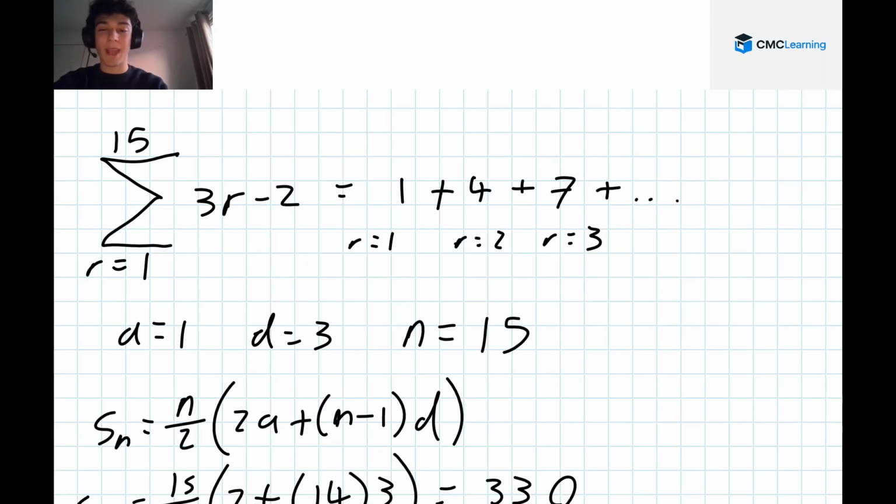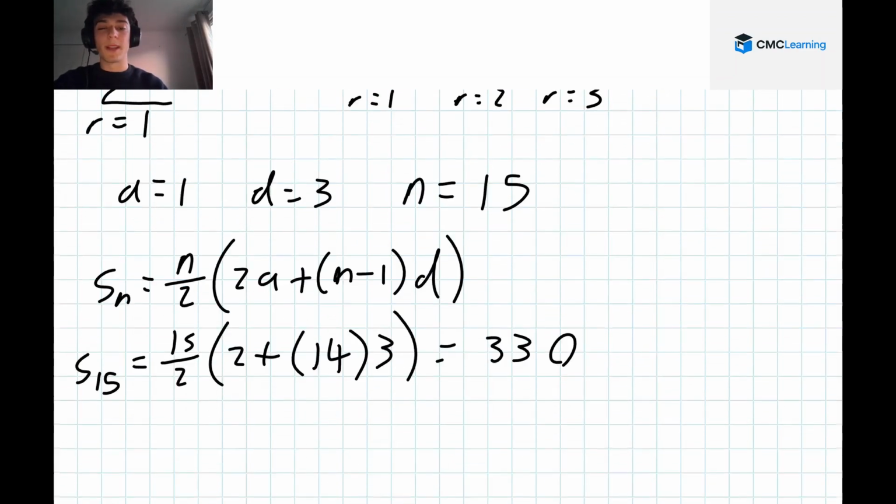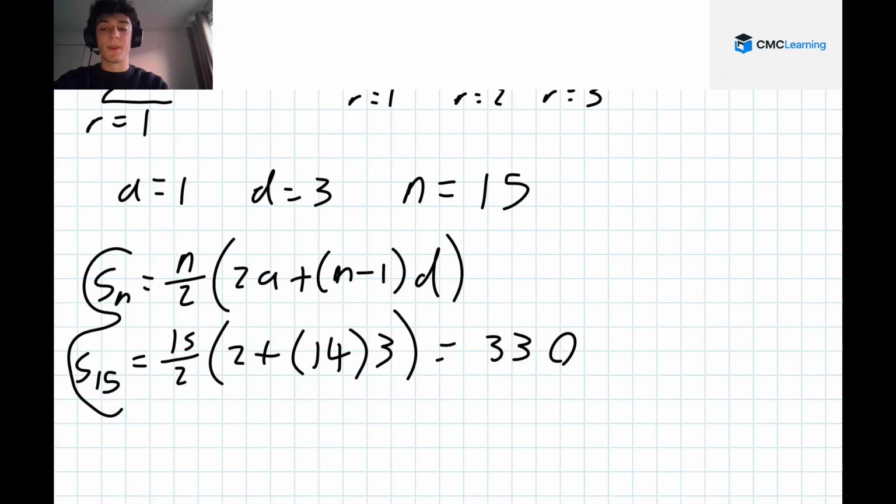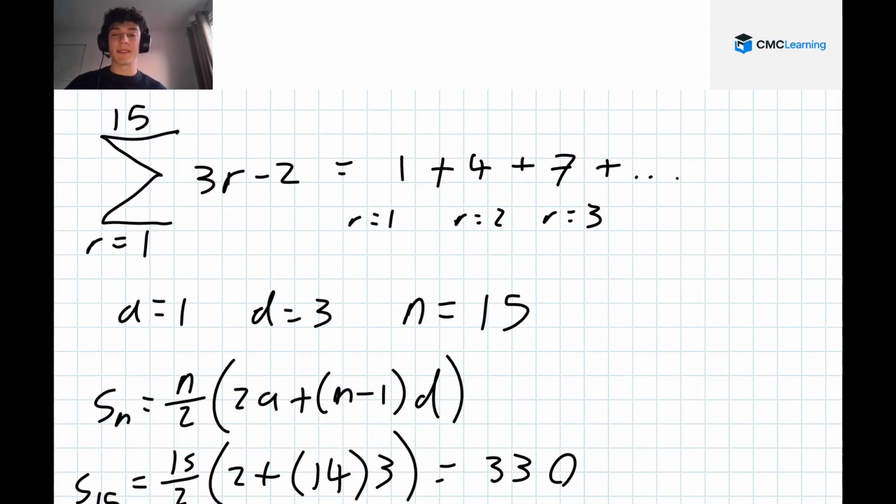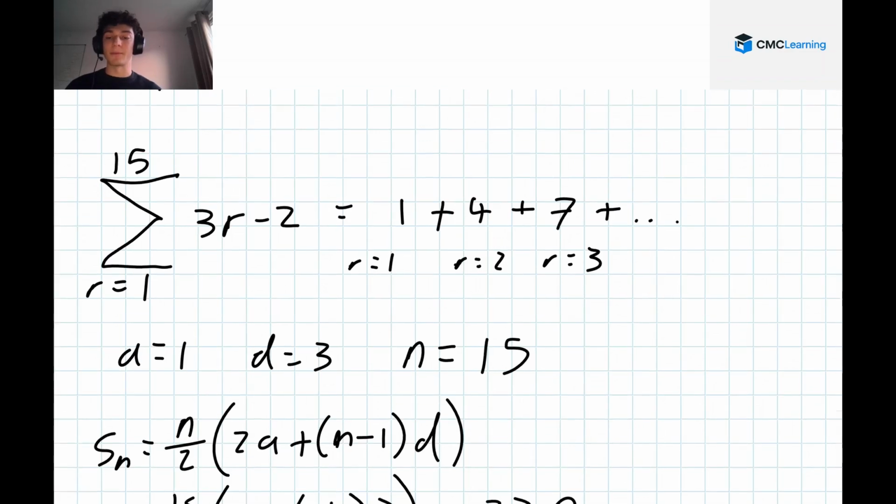We can see that when we have a linear term of r, so 3 multiplied by r minus 2, we end up with an arithmetic series. So that is definitely something to be on the lookout for.